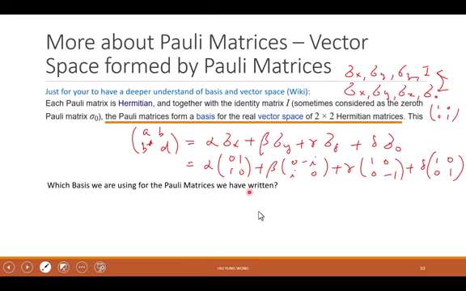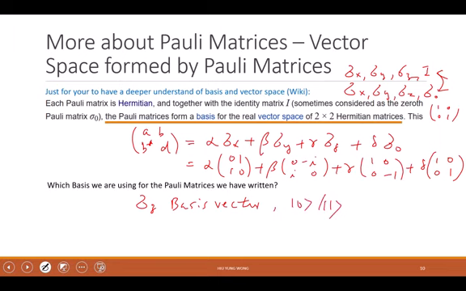What basis are we using when I write this? It turned out we are still using the sigma z basis, the basis formed by 0 and 1.